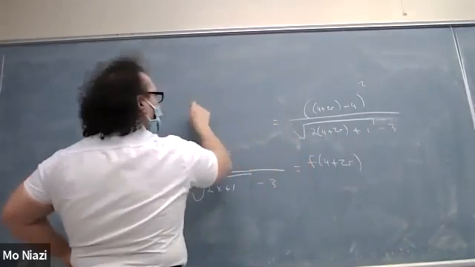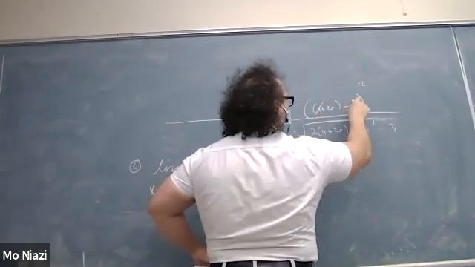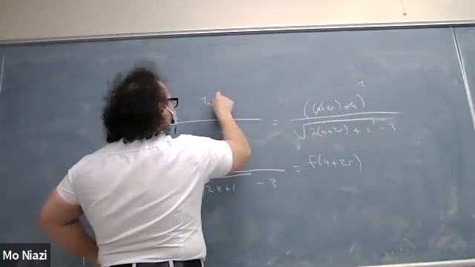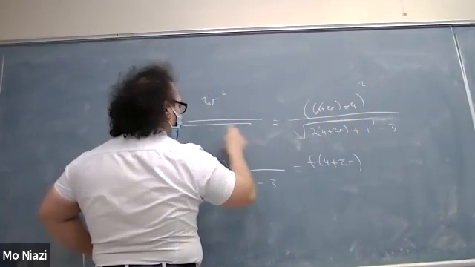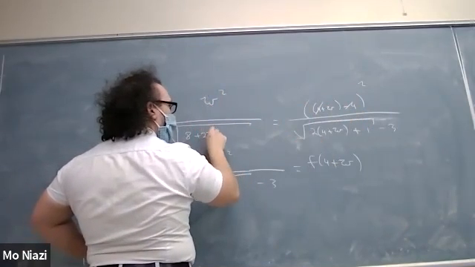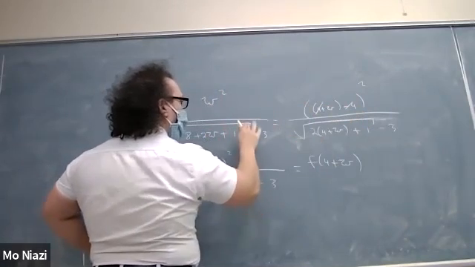So this becomes, these cancel, so this becomes omega squared. Down here, we distribute that 2, and that becomes an 8 plus a 2 omega plus a 1, and the minus 3 is out here.